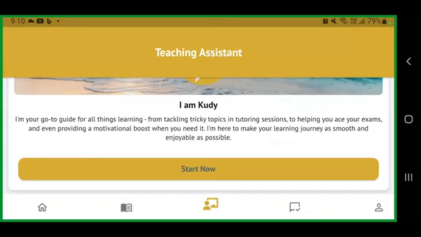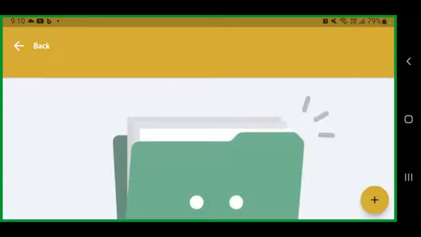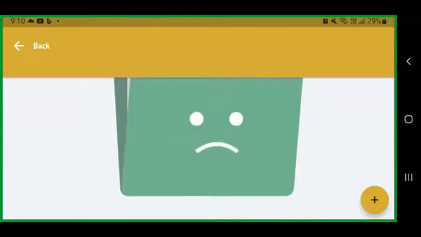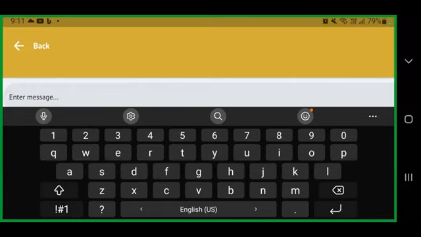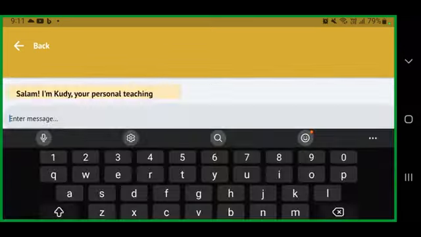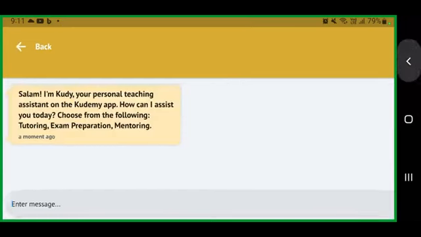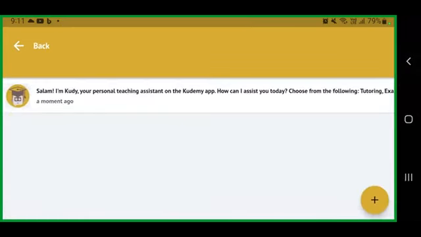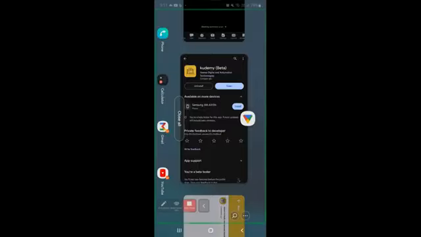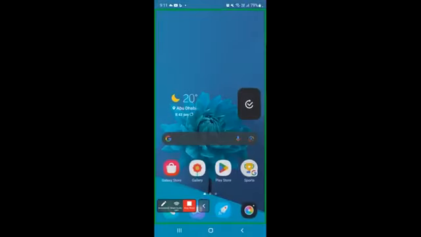It's there to help you if you have questions. For example, you can just open Kudi and press this start, then it opens and you can start talking to Kudi. So this is how it works. I hope it is clear.